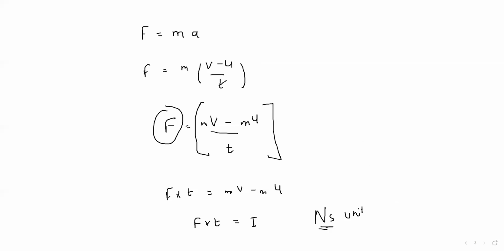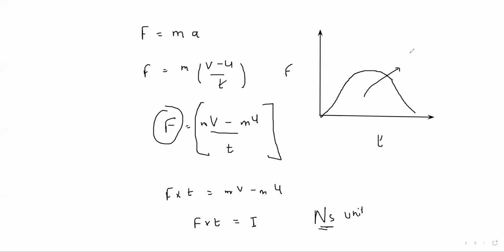So if we have a graph between force and time, it can be a linear graph or a non-linear graph. Either way, the area under the graph is the product of the quantity on the x-axis and the quantity on the y-axis. On the y-axis we have force, on the x-axis we have time, so force multiplied by time.